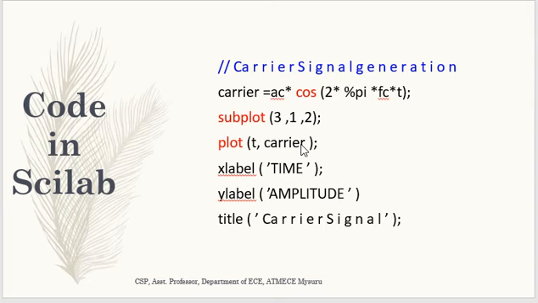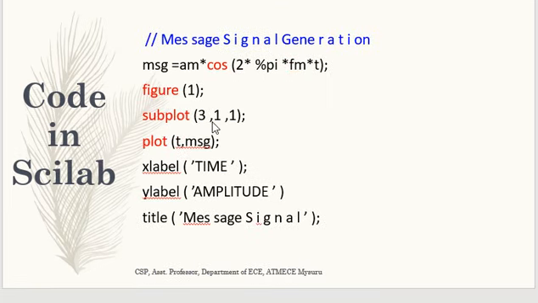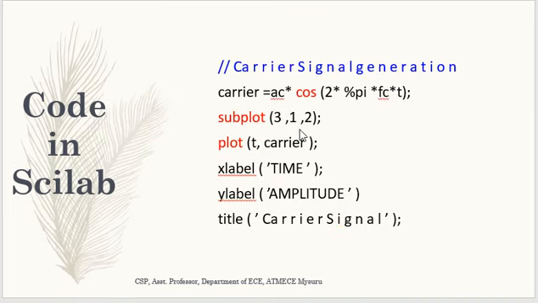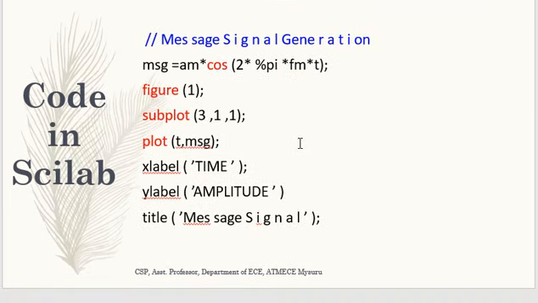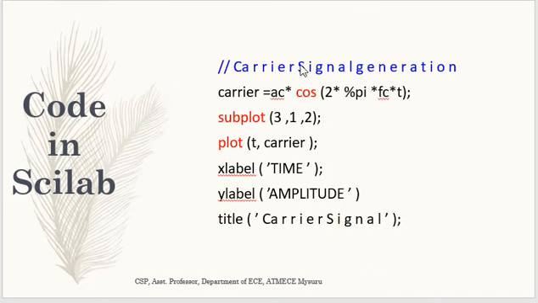That is 3,1,1, which is going to be plotted. We are going to divide the screen into three parts. In the first part we have the message signal, and in the second part we have the carrier, that is going to be defined.